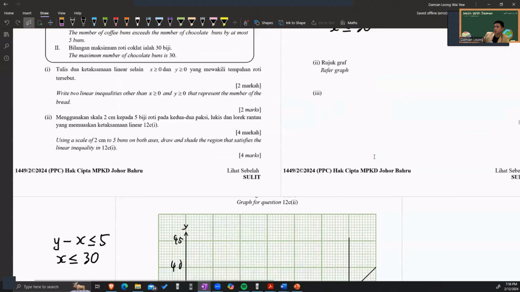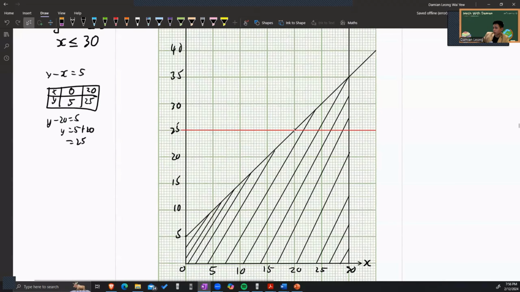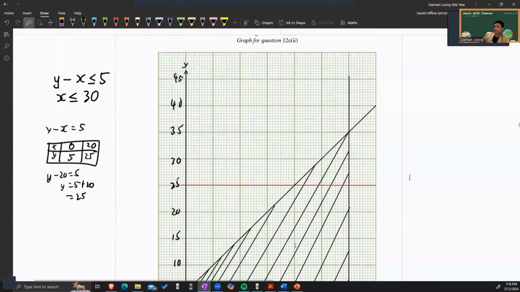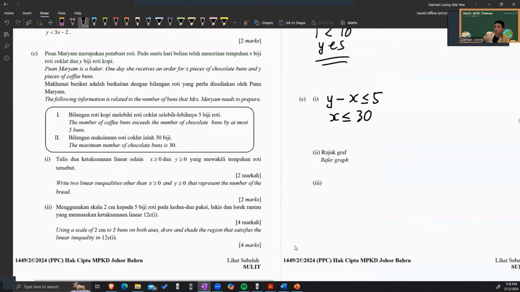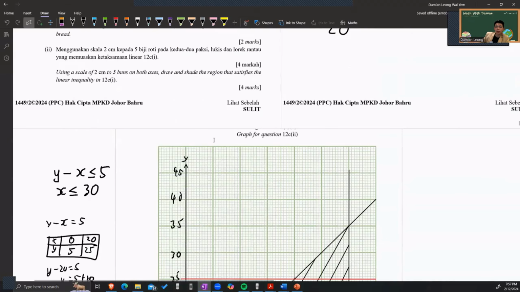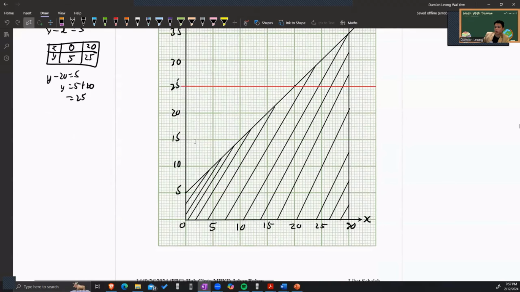So I want the minimum number of chocolate buns. The lowest it can be here is 20. So the minimum is 20. That's it. That's question 12.